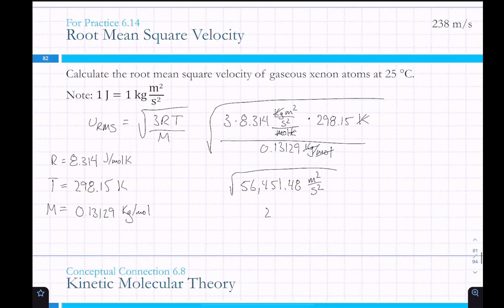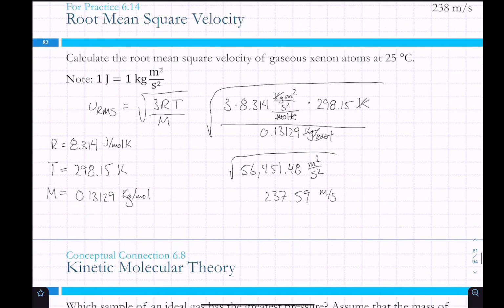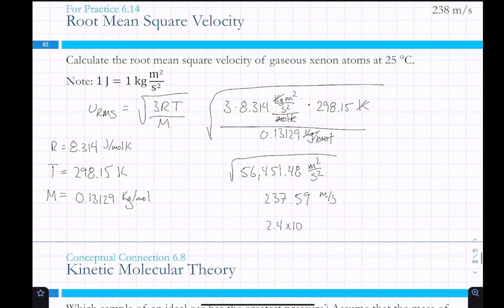So it's 237.59. I guess we really only have 2 sig figs here, so it's got to be 2.4 times 10 to the 2 meters per second.